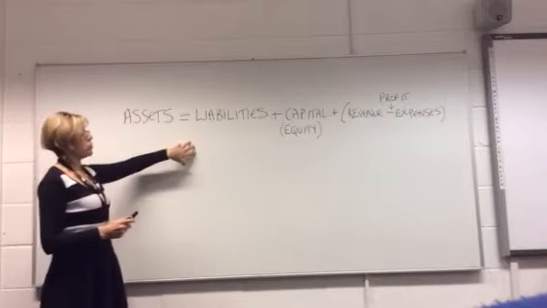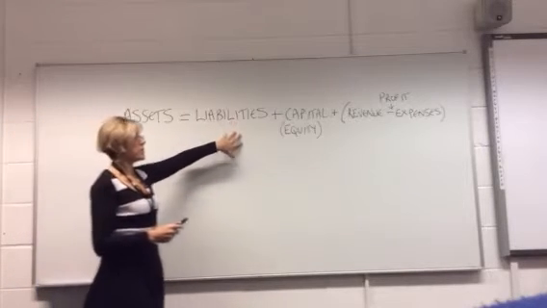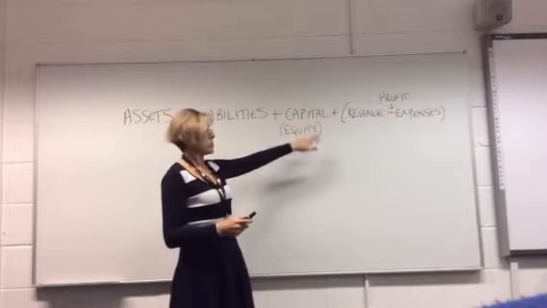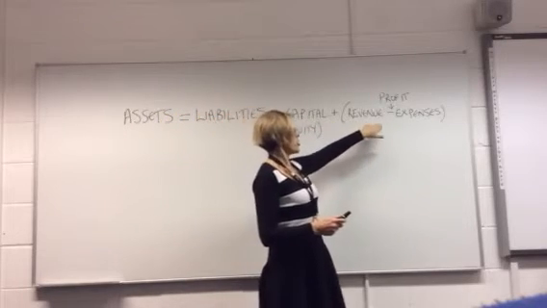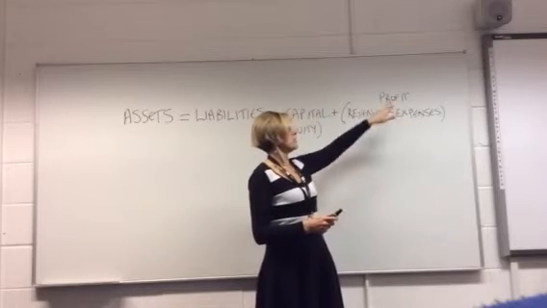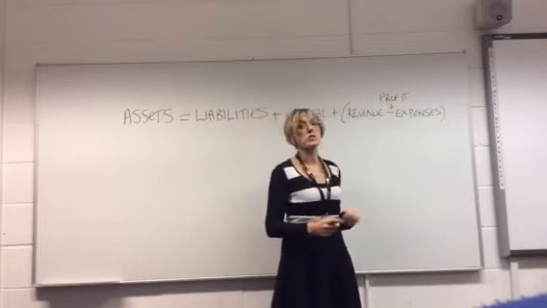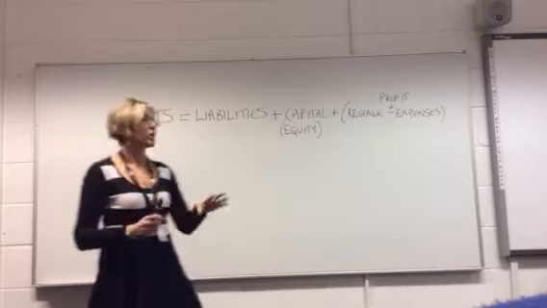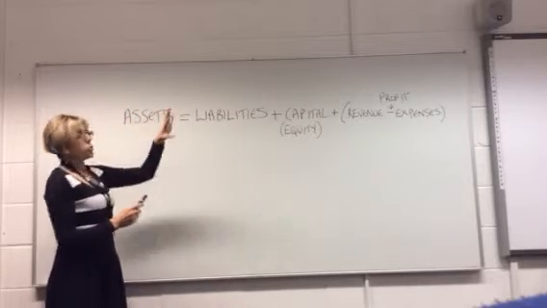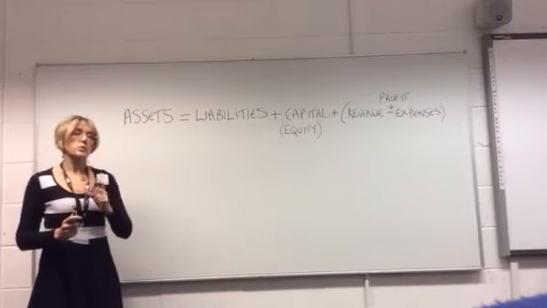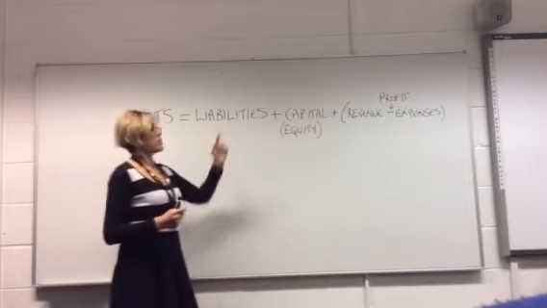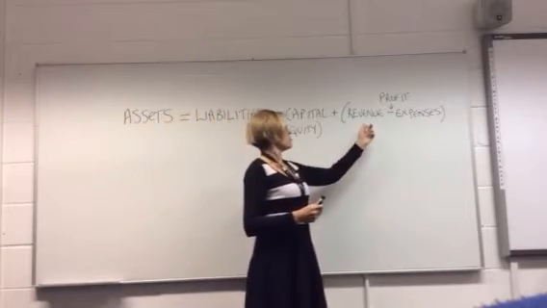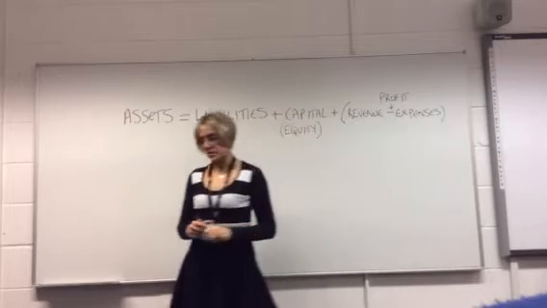Assets are equal to liabilities plus capital, sometimes called equity, plus revenue minus expenses. And revenue minus expenses gives us profit. So all the transactions that a business does are going to affect either assets, liabilities, capital, revenue, or expenses.